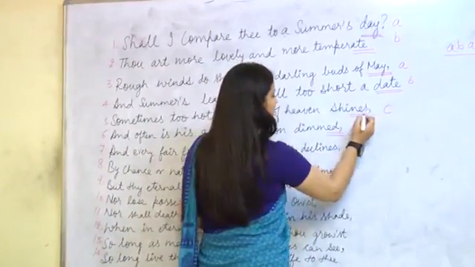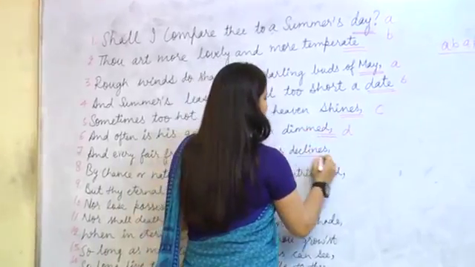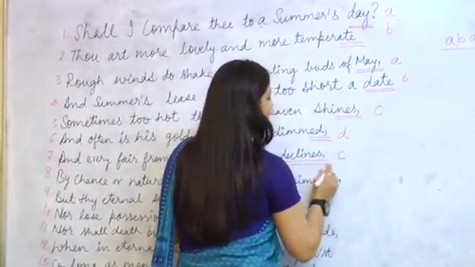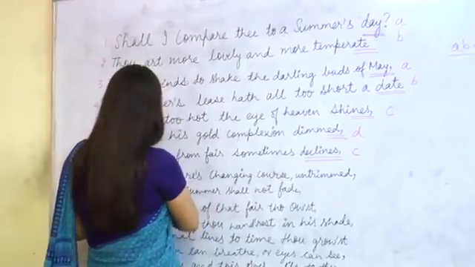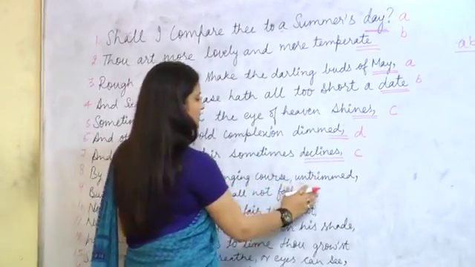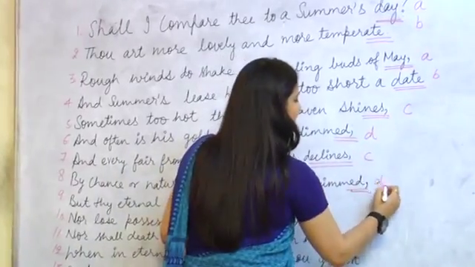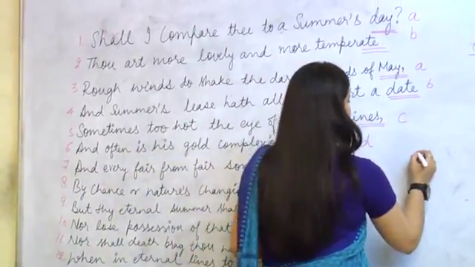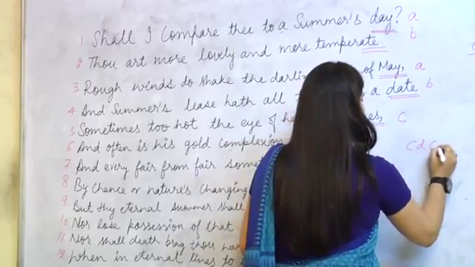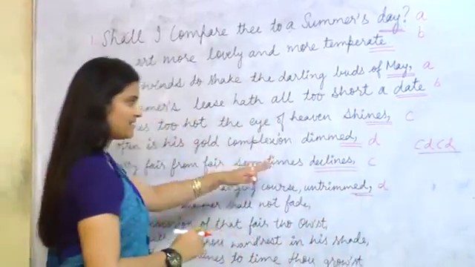Here shines is rhyming with declines, so we place the symbol C here, and untrimmed is rhyming with dimmed, so it is D. So for this quatrain we have C, D, C, D as the rhyming scheme.